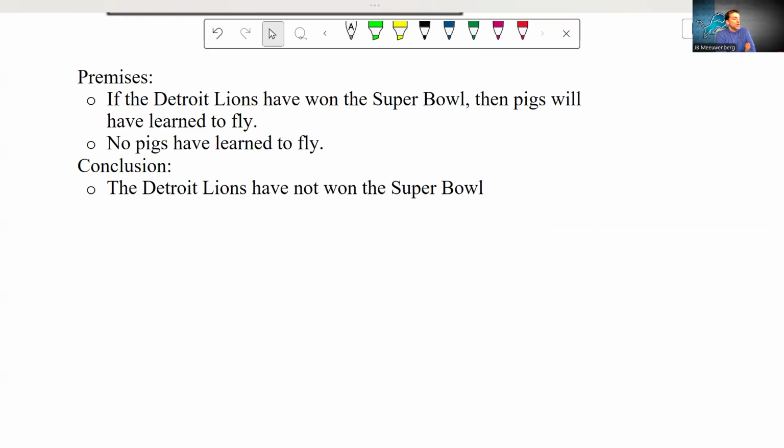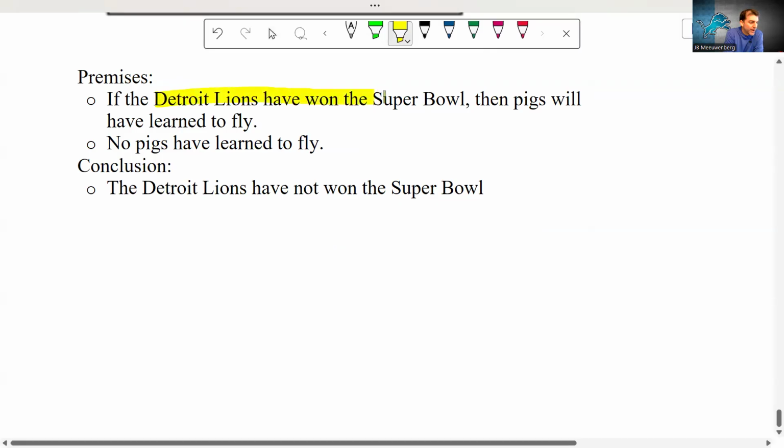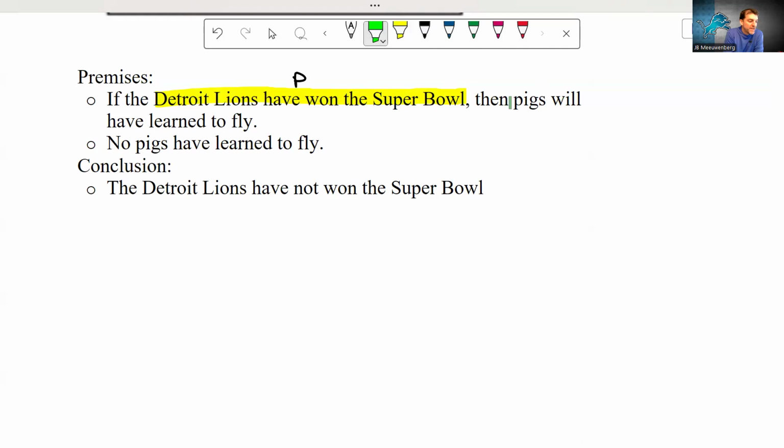All right. So the first premise is, if the Detroit Lions have won the Super Bowl, then pigs will have learned to fly. If the Detroit Lions have won the Super Bowl, there's our P. Pigs will have learned to fly. There's our Q.